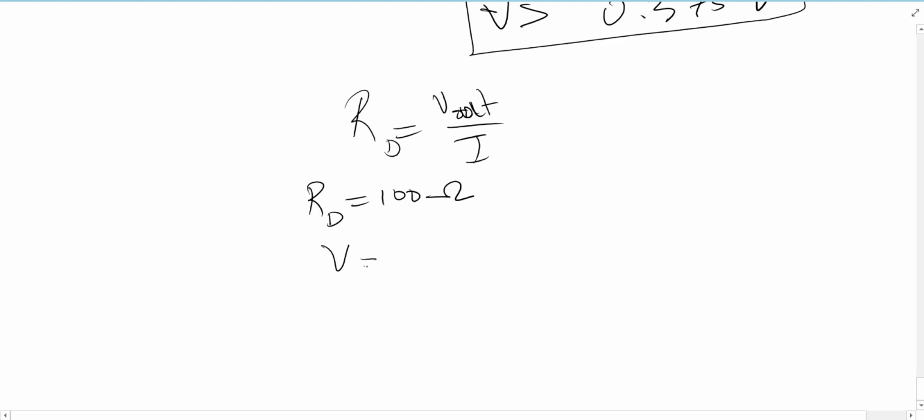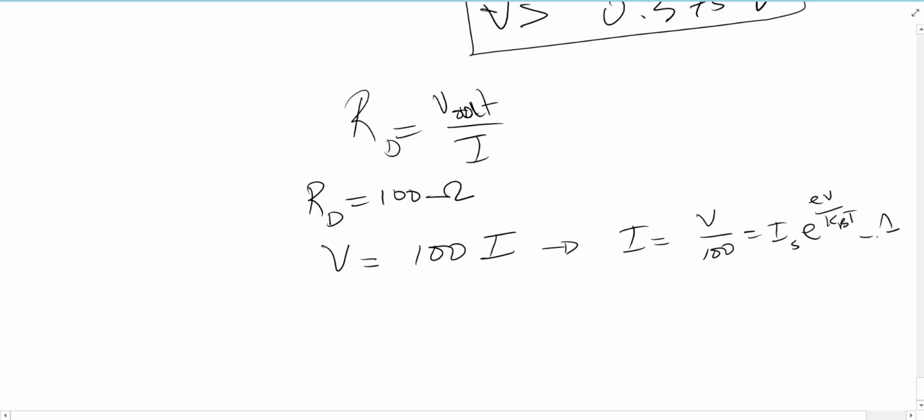So that means the voltage is equal to 100 times this current, which means that the current must be then given by V over 100 ohms. Okay, and this must be given by the expression IS times exponential of EV over kBT minus 1. Okay, and the parentheses, of course.